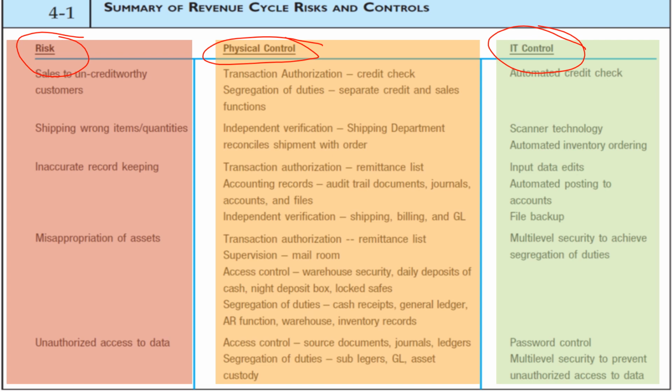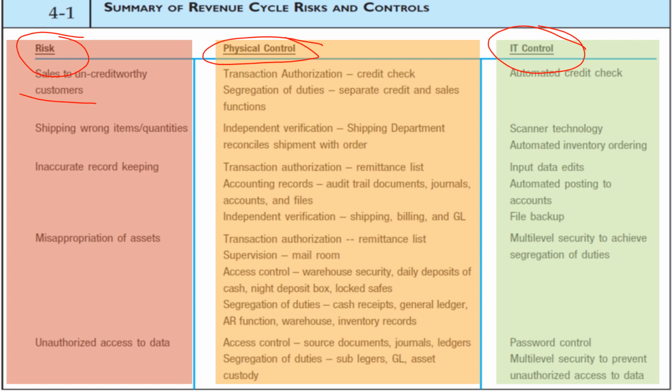Sales to a non-creditworthy customer is the first risk. When you sell on credit to a customer that has no good history of settling the payment, that's the first risk. The physical control is that the transaction should be authorized through the credit check, and also to ensure the segregation of duties, separating the credit check and the sales function.